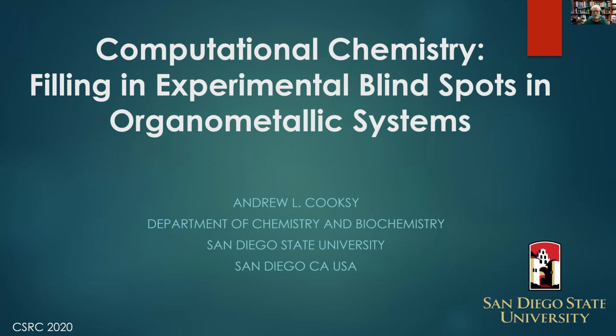The thing I'm going to tell you about today, as the title suggests, is using computational chemistry, not actually the way that we often want to use it. When I got started doing computational chemistry, I was thinking that the main thing we would use it for is predicting experimental results.